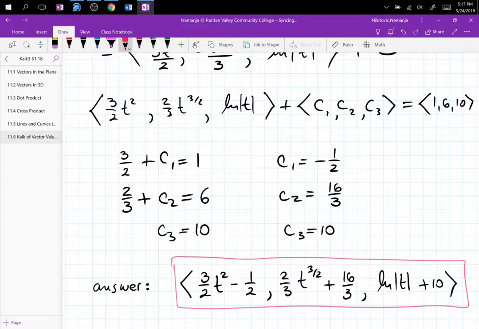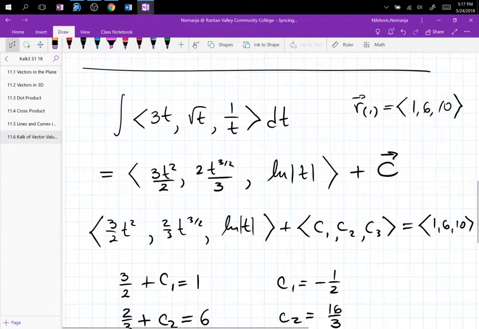So integration happened term by term. Each individual component of the vector is its own separate function, and I integrated each one separately without regarding any others. Each one of these could be trig substitution, partial fraction decomposition, u substitution, by parts, right?